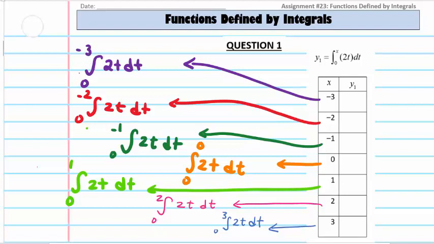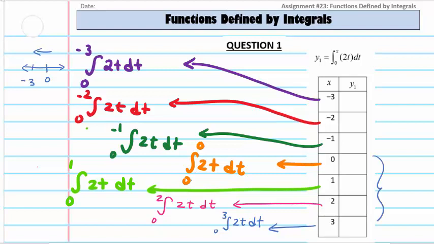Since we're traveling from x equals 0 to x equals -3, from right to left, we need to remember to take the opposite of our area quantities. So we take the opposite of area quantities that were positive above the x-axis, or the opposite of negative area quantities below the x-axis.